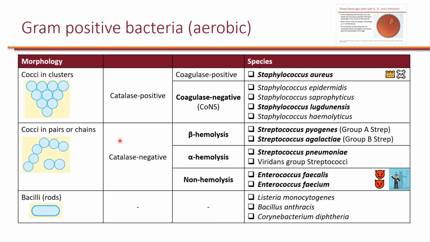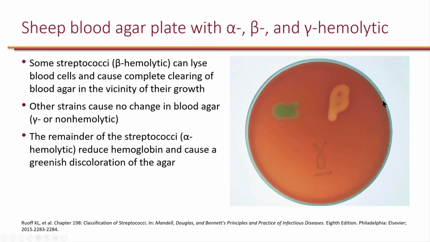And then for the catalase negative group, which do not look like a cluster, they will be in chains or maybe pairs. Then we can do the hemolysis test. An agar is essentially a plate.